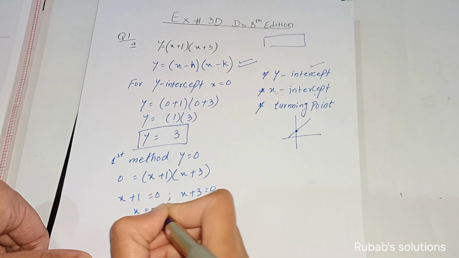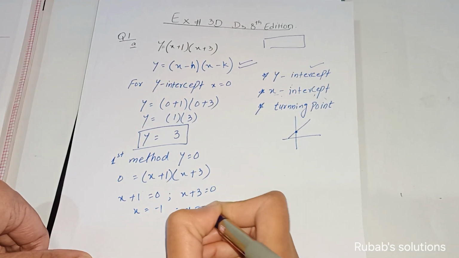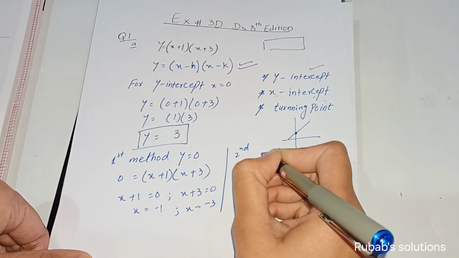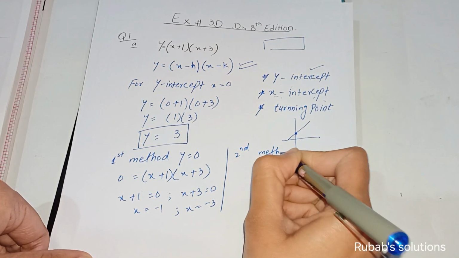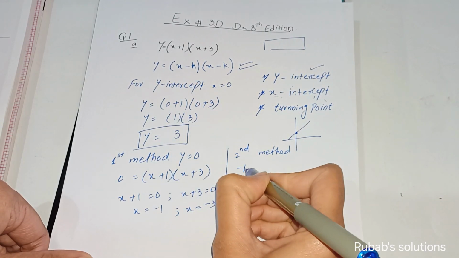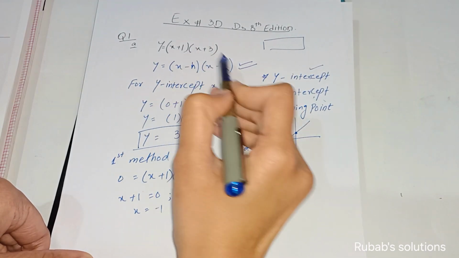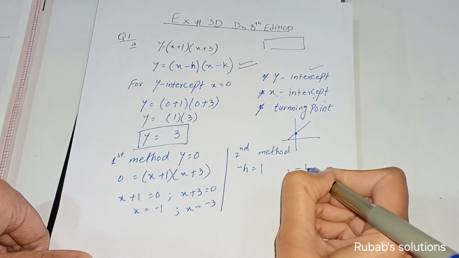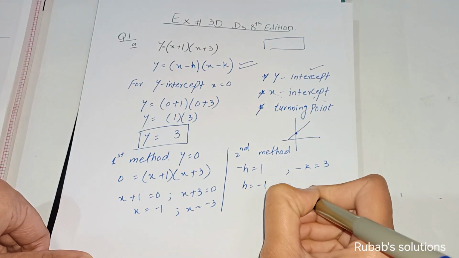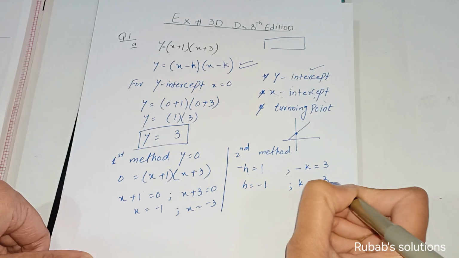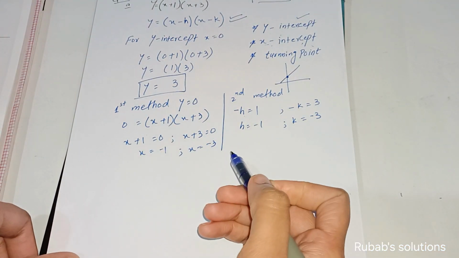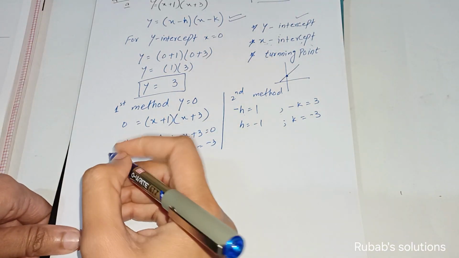So from here x is equal to minus 1, or x is equal to minus 3. Second method is that you compare your equation with the general equation, that means minus h is equal to 1 and minus k is equal to 3. So from here h is equal to minus 1 and k is equal to minus 3. These are the two methods. You can choose whichever method you find easy.